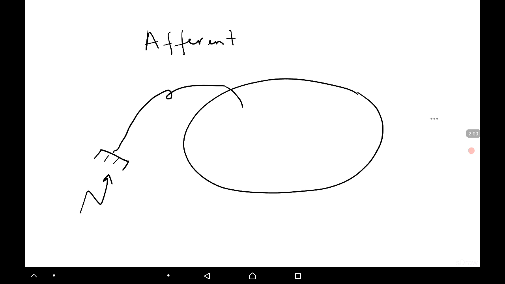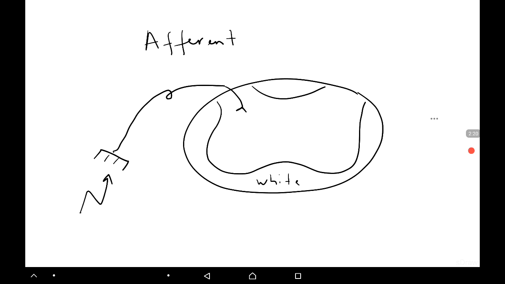This is the spinal cord. We have gray matter. Here are the bodies of neurons, and the peripheral part, white matter with myelinated and unmyelinated nerve fibers.